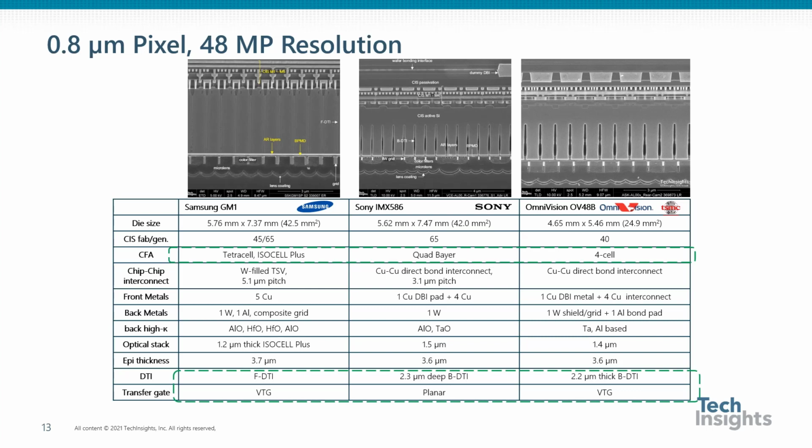So it's comparable to Sony, but of course not a full isolation as it is with Samsung. And finally, in terms of the transfer gate, OmniVision has moved from planar to vertical transfer gate, whereas Sony remains planar transfer gate as it was with the 0.9 micron.